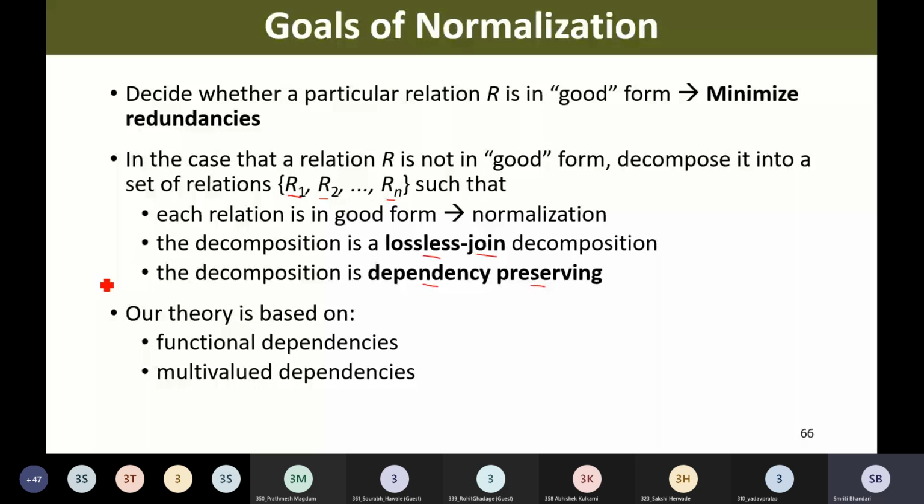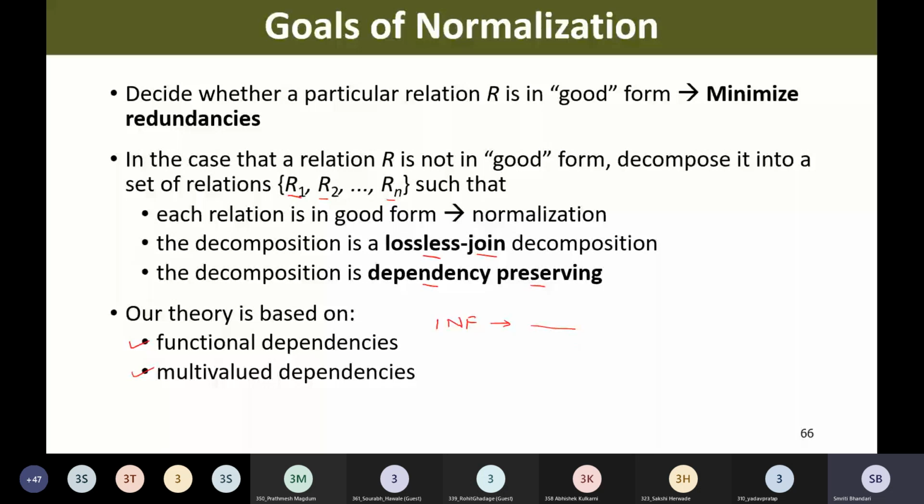And if not, once again, the notion of functional dependencies is used to decompose the relation into one of the normal forms. So with this background, let us discuss the concept of decomposition.